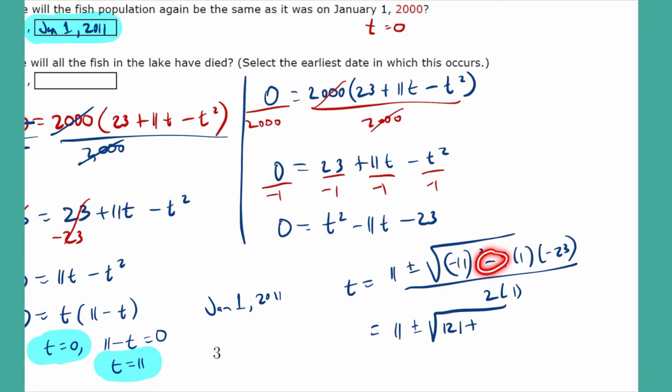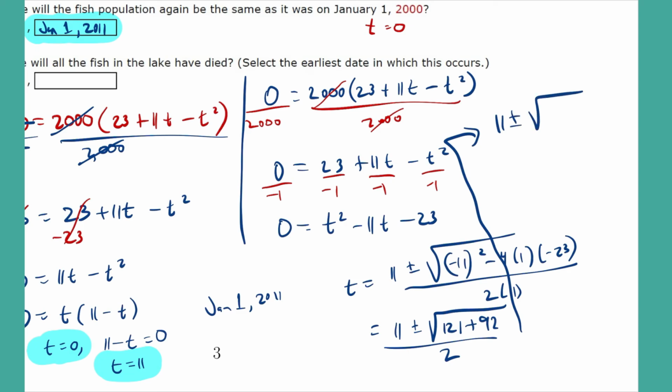Notice once again, double negative makes a plus. So 4 times 1 times 23 is going to be 92. And then 121 plus 92 is 213. So I'm going to have 11 plus or minus the square root of 213 over 2.